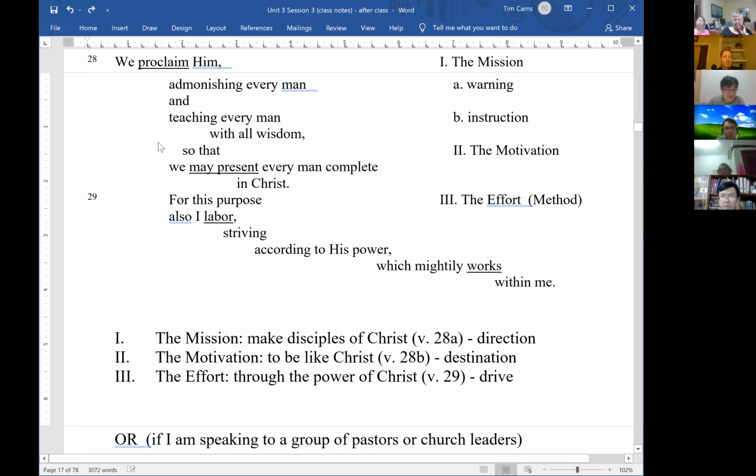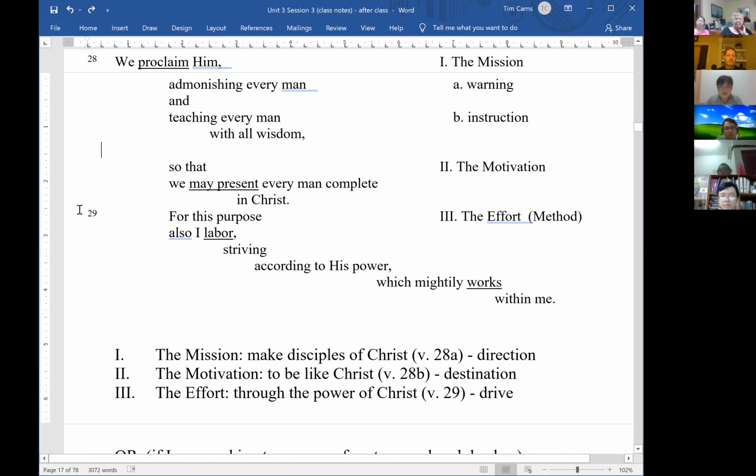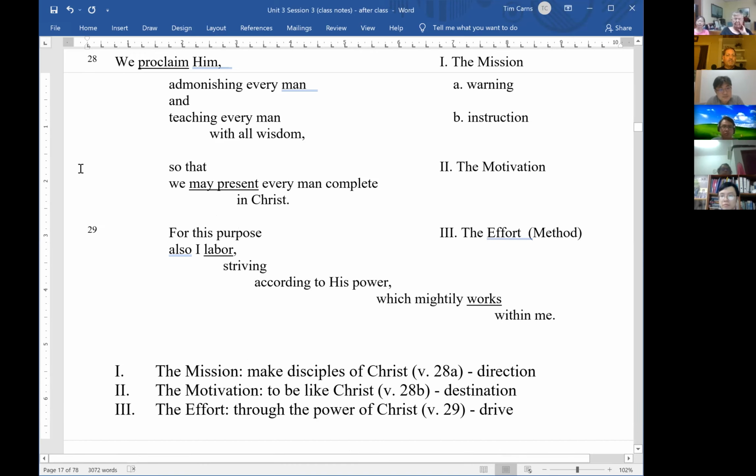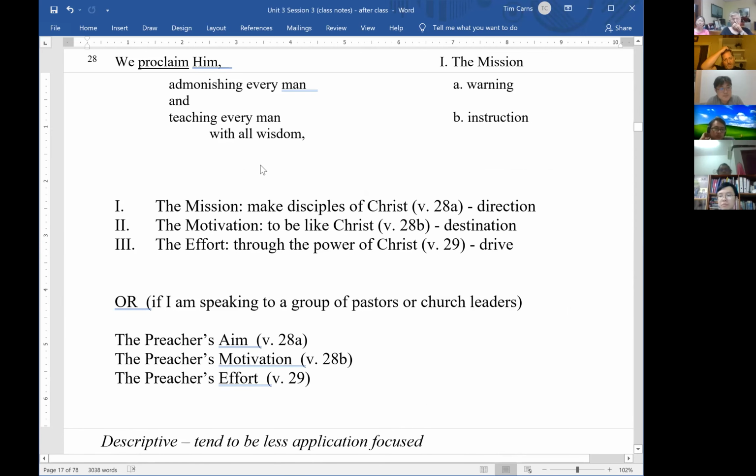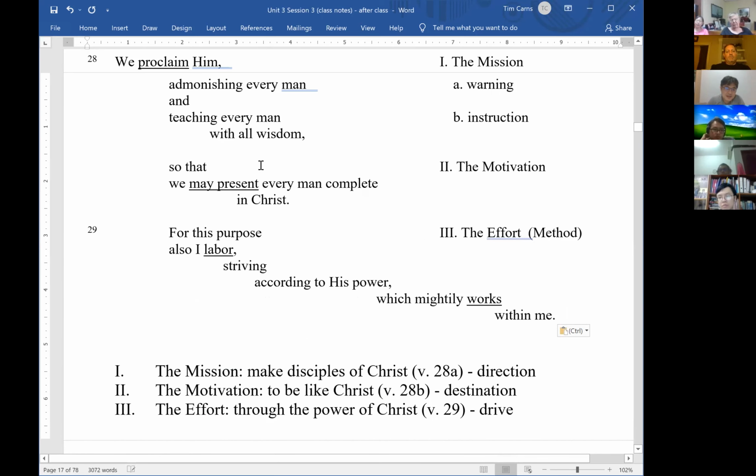Yeah, that's a really good observation as well, because if Paul had just said, we proclaim him, admonishing every man, teaching every man, all right, that's it. That's my job, it's just to preach the gospel. But he adds, and that's why this is pastoral, there's a purpose. What's his motivation? Just to send out the message?